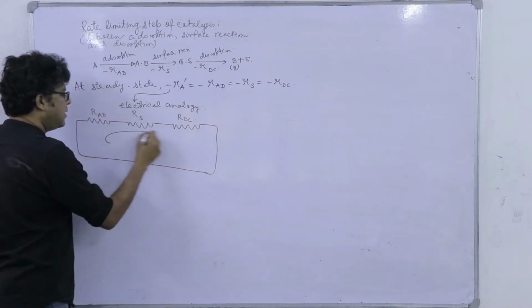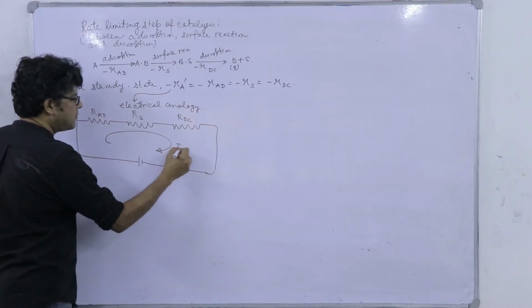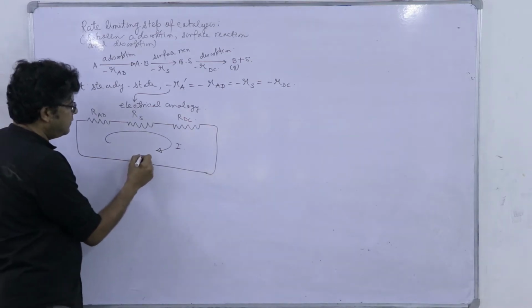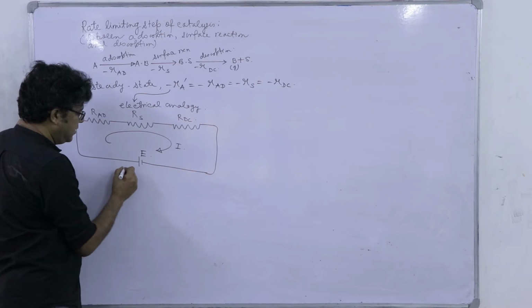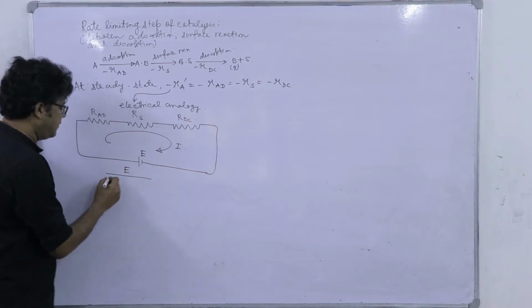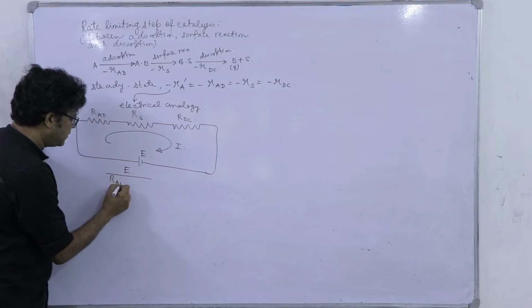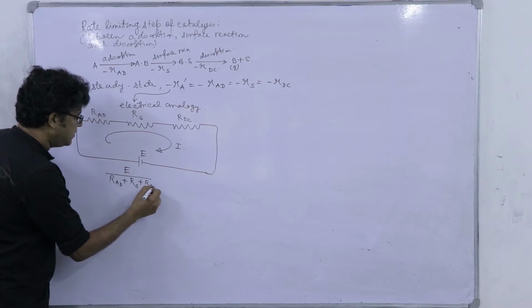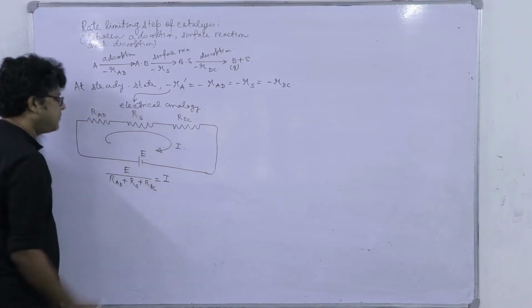And this I is the rate. Now, if we apply a potential E, then E is related to I, considering ohmic resistance, as RAD plus RS plus RDC, and that is equal to I.